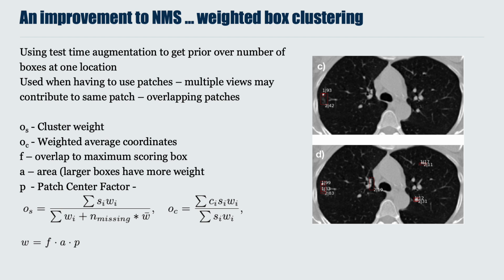They do that by having overlapping patches and not starting from the same point of view when they do their test time inference.